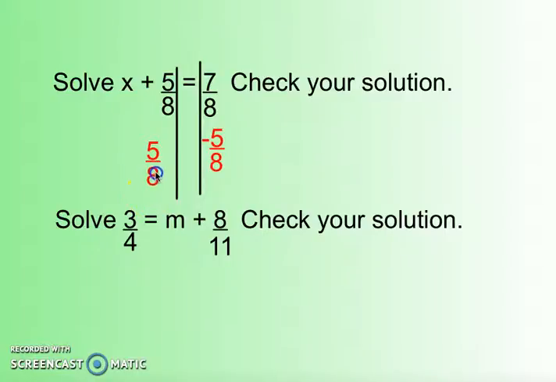Okay, so what is 7/8 minus 5/8? Well, my denominators are already the same, and so I can just subtract my numerators. 7 minus 5 is 2. So I would get 2/8.